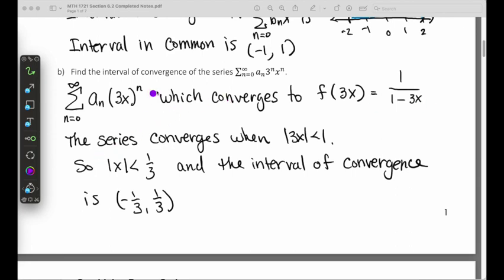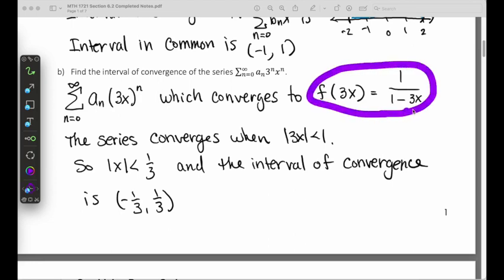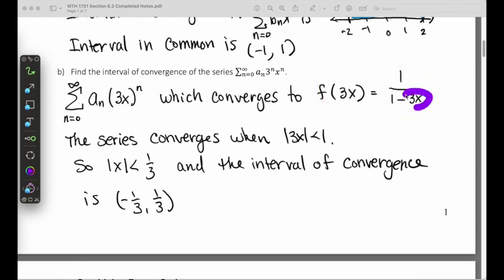Now, to find the interval of convergence, we know that the function 1 over 1 minus x, just the function f, converges from -1 to 1. If I look to see where this converges, I want to take 3x and make sure that that's less than 1.